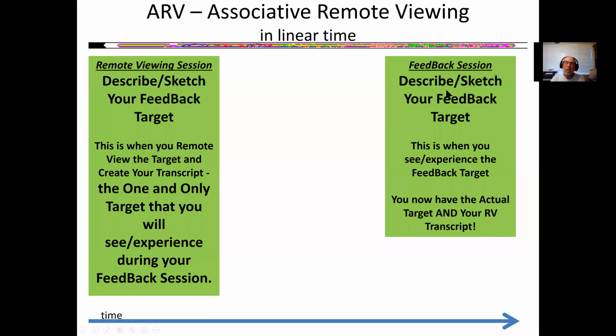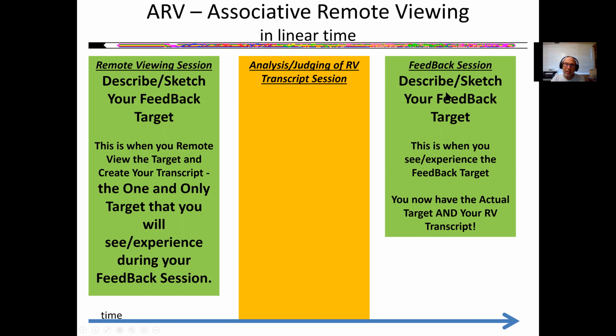What makes associative remote viewing different is that we have a special kind of analysis and judging of the transcript. So here, all you have available to you is the transcript. But here is where you essentially make an investment decision.